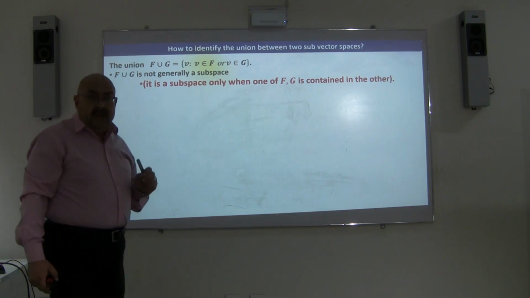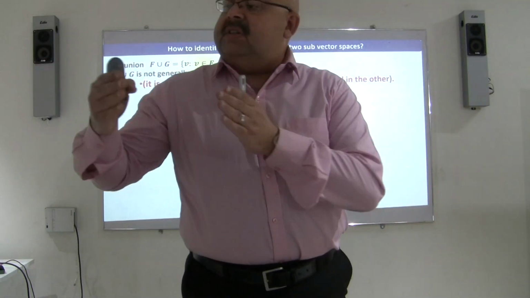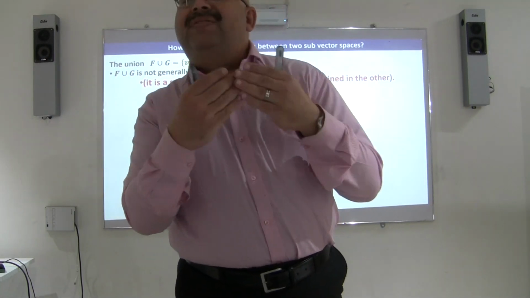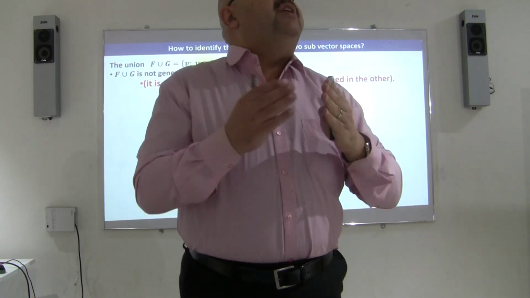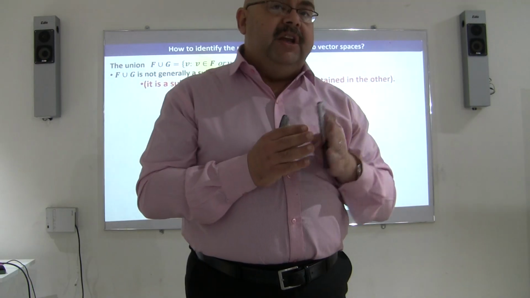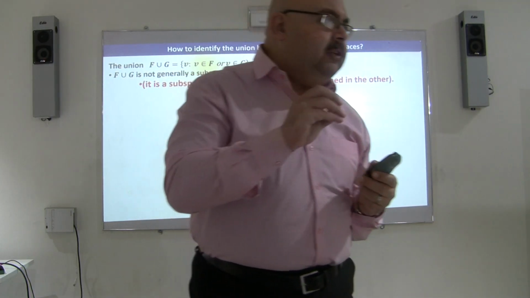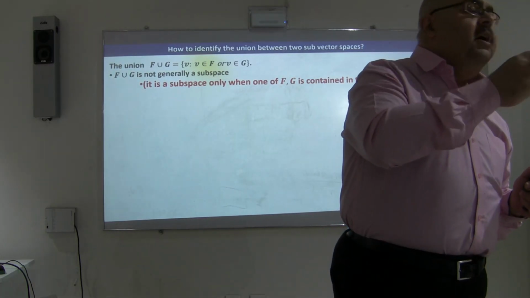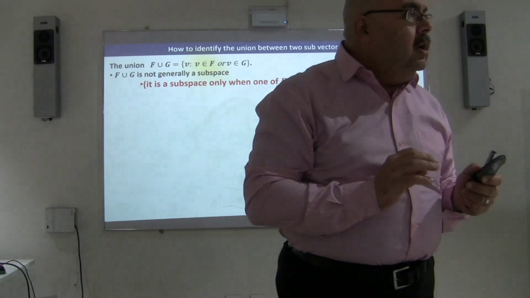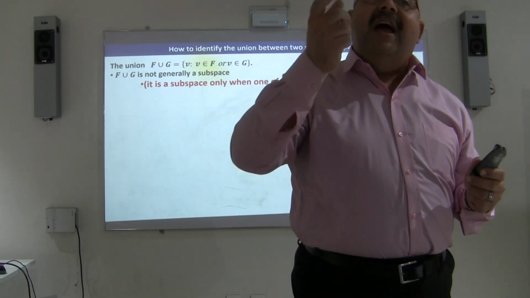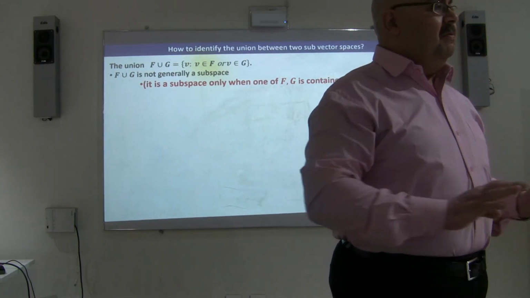The union means I will take this set of vectors plus this set of vectors, without the addition or changing the shape of the vectors. Usually, in most cases, the union of two subvector spaces, Farid, is not going to lead to a subvector space, because it will break the addition condition needed to have a subvector space.